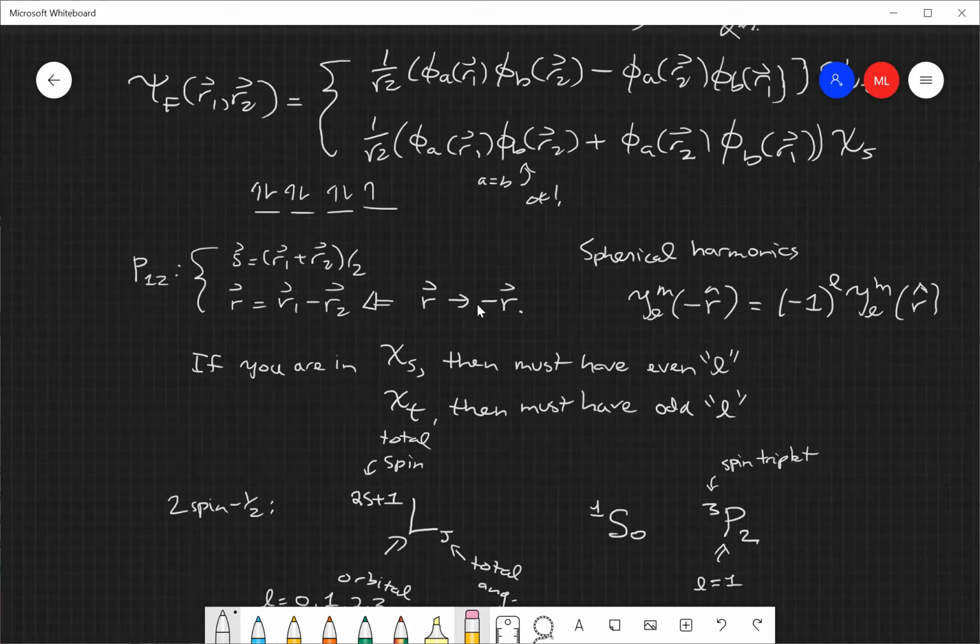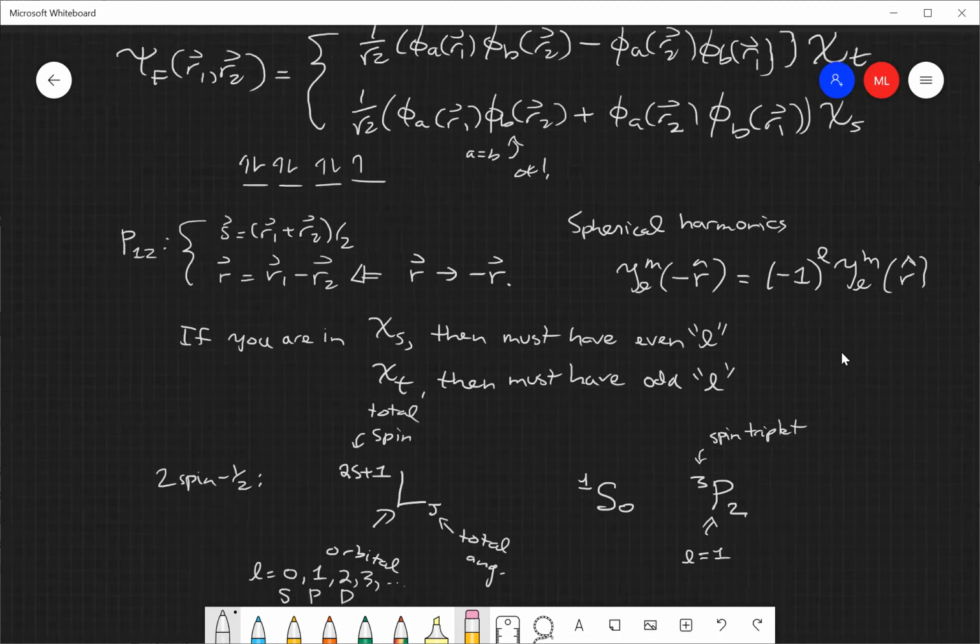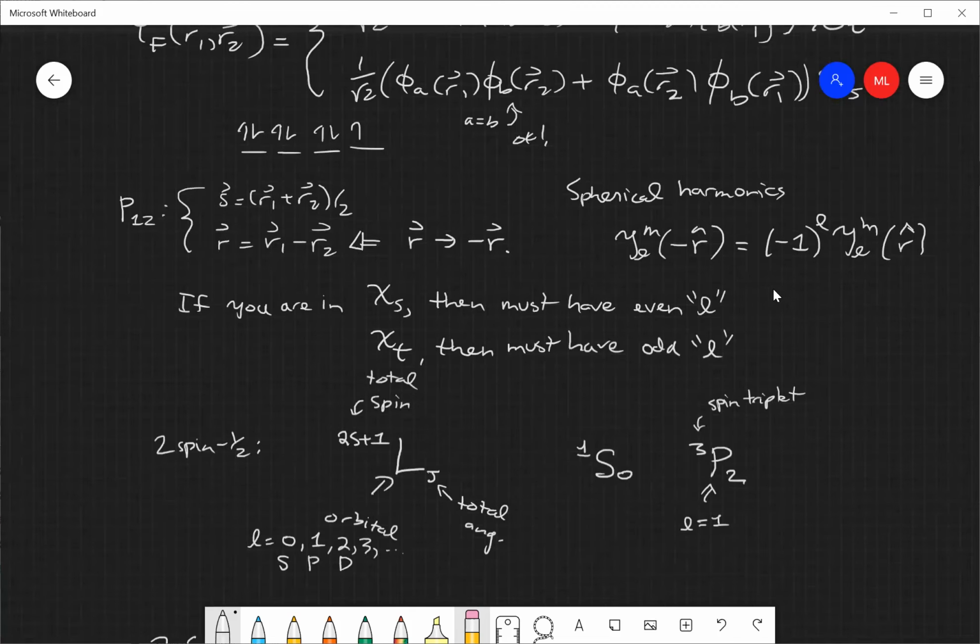It's just the relative position of the two things, right? It just picks up a minus sign. The consequences of this reflection are entirely captured by the spherical harmonic. Basically, if you reflect the relative orientation, your overall wave function either picks up a minus sign if that component has an odd L, or if it's an even L, then it stays the same.